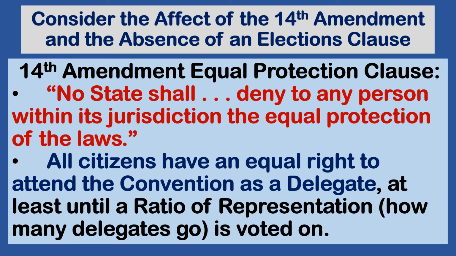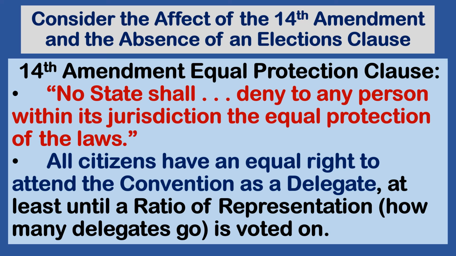Let's close out this video with this positive thought. Consider the effect of the 14th Amendment and the absence of an elections clause in the Article 5 Convention Clause. The 14th Amendment includes the Equal Protection Clause, which provides that no state shall deny to any person within its jurisdiction the equal protection of the laws.